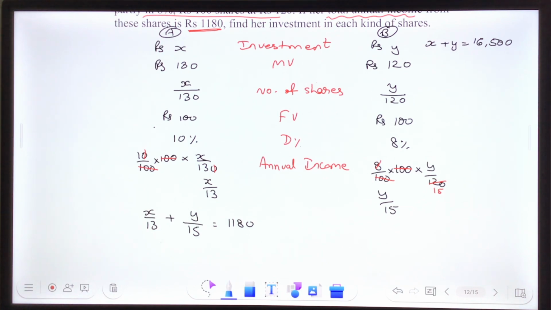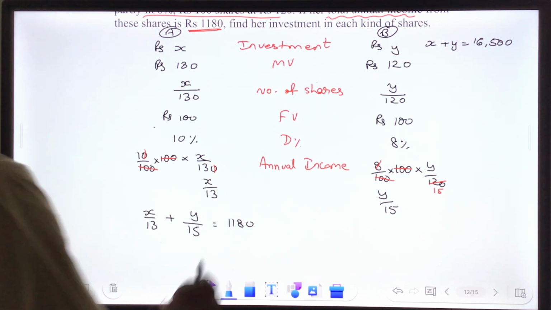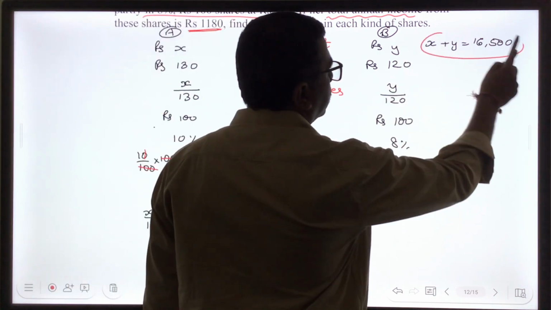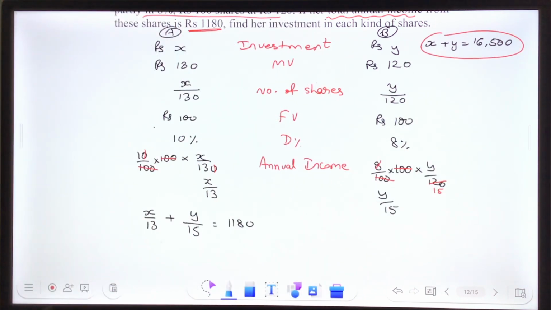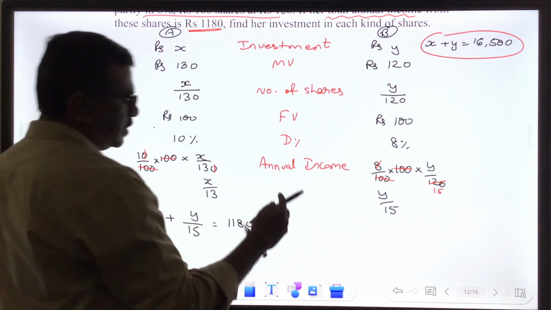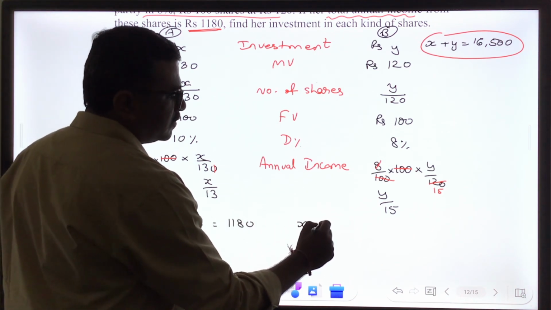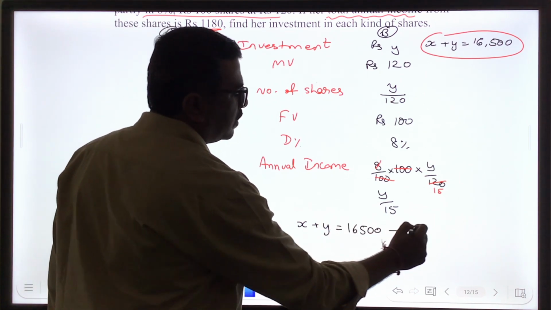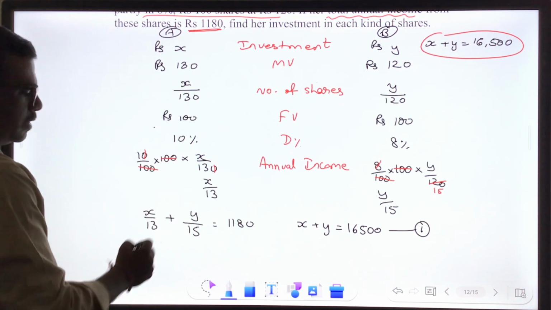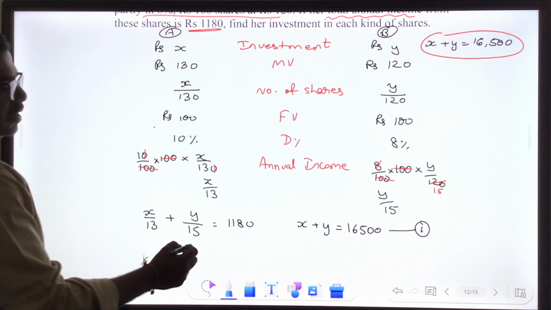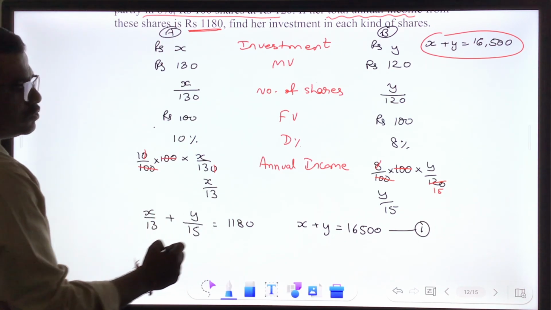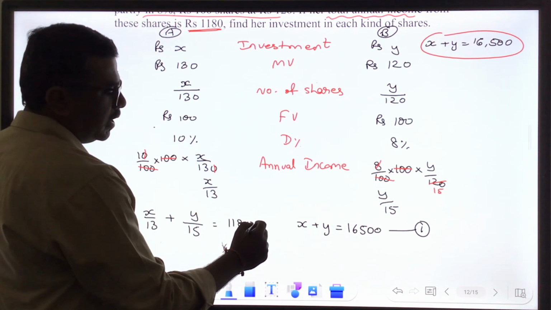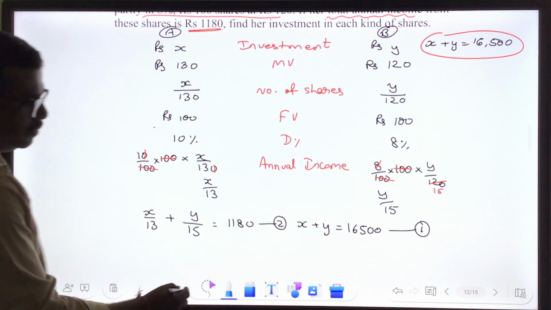So this is an equation with two variables, and we got one more equation with the same two variables in the beginning. So let's say X plus Y equals 16,500 as equation 1 and X upon 13 plus Y upon 15 equals 1,180 as equation 2.